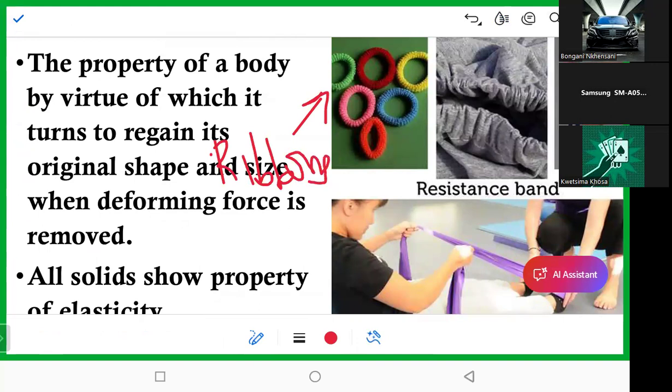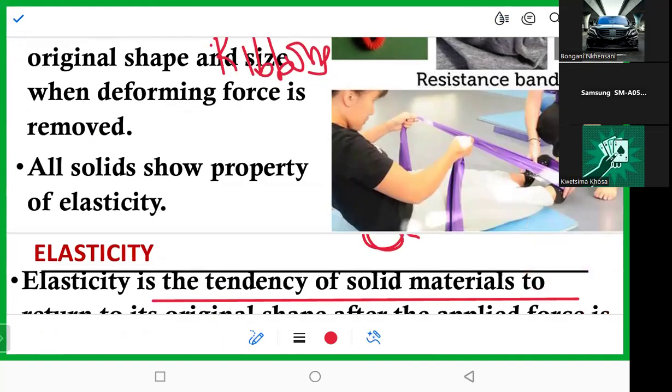Examples of elastic material include rubber, any type of rubber.